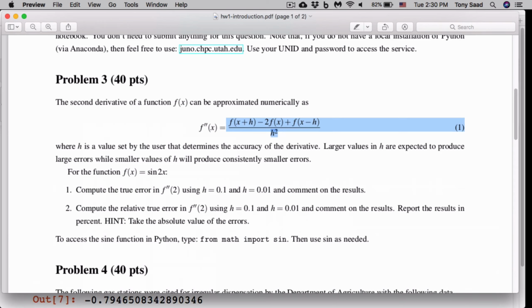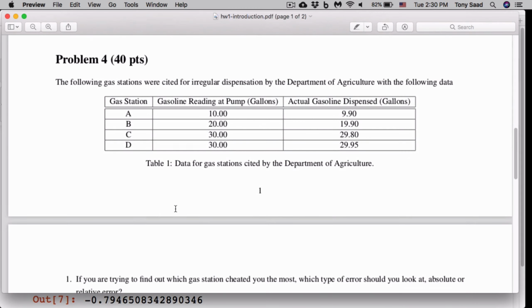All right. Now, question 2. I don't want to spend too much time here on the programming questions. Okay, the following gas stations were cited for irregular dispensation by the Department of Agriculture with the following data. We have 4 gas stations, A, B, C, and D. And let's say you filled up some gas, and you thought that the pump gave you a reading that you filled up 10 gallons, but in fact, the pump dispensed only 9.9 gallons.